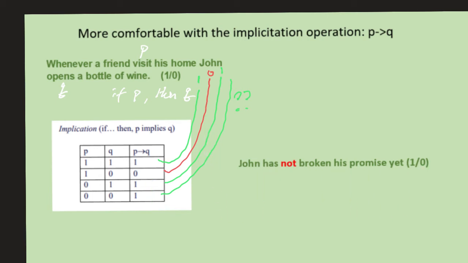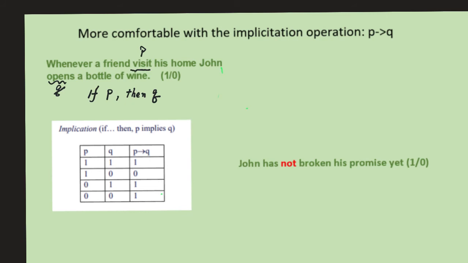So even though you might start to write the implication function from the first statement, whenever a friend visits his home, John opens up a bottle of wine, if P then Q, that's all nice. Then you get an implication logic function with two variables.